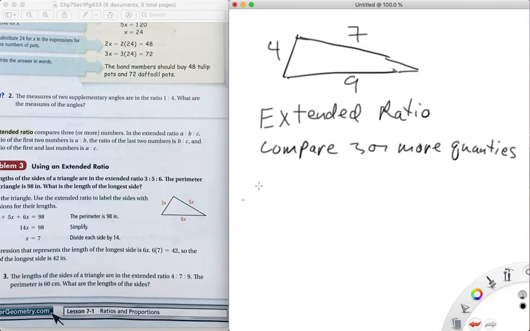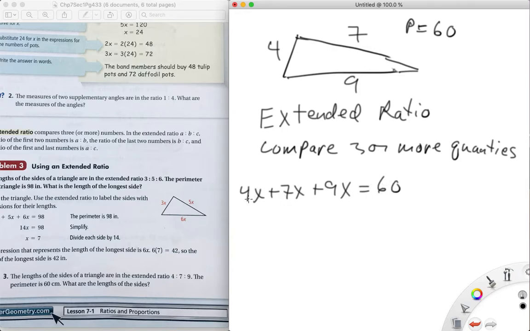And it says it has a perimeter of 60. So when we set it up, we're going to use an extended ratio and say the sum of the sides equals 60. So 4x plus 7x plus 9x equals 60.